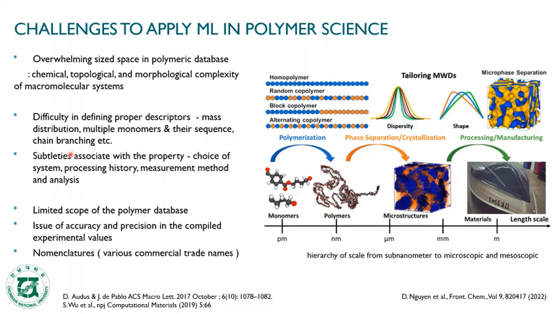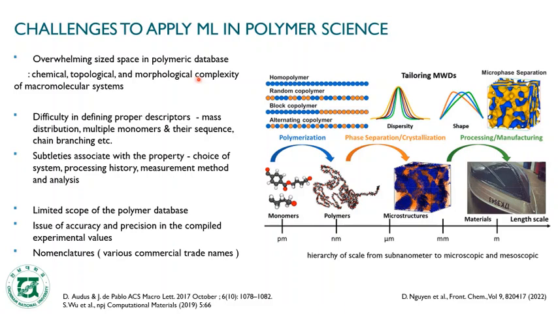So one has chemical details in the repeated unit, but also the topological connectivity of those monomers, and the morphological complexities make the parameter space in polymer systems more complicated, and exploring this whole space is almost impossible.